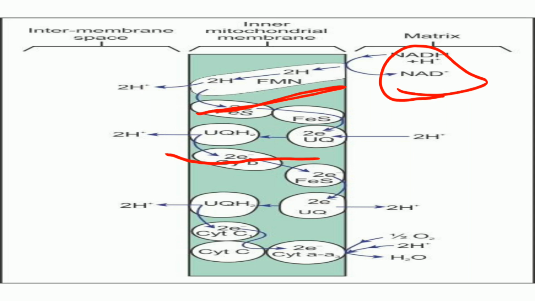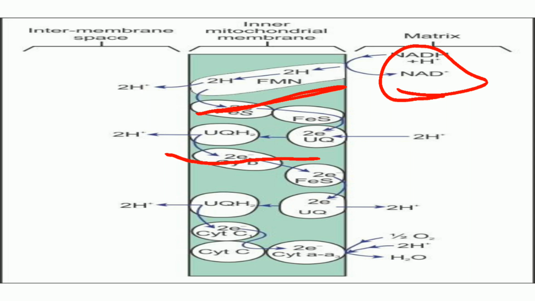This ubiquinone transfers electrons to cytochrome C via the cytochrome bc complex, which is complex 3. Cytochrome C is a small protein attached to the outer surface of the inner membrane and acts as a mobile carrier for the transfer of electrons between complex 3 and 4.